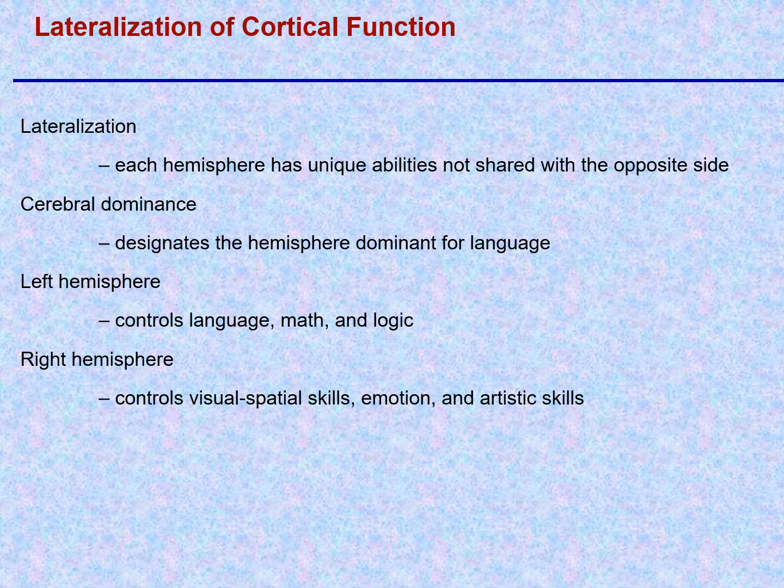So I think, well, let's finish with the cortex before we stop this. Lateralization is an important concept, as I told you. First of all, the left hemisphere and the right hemisphere control opposite sides of the body. That's contralateral control. They act in a contralateral manner.